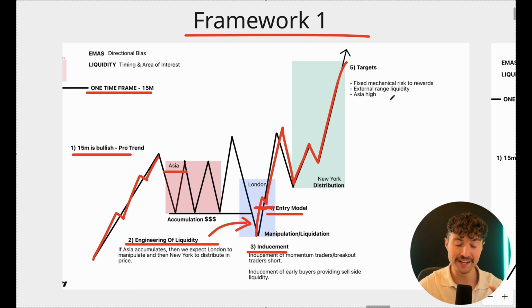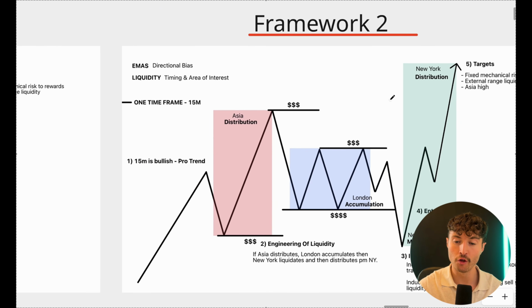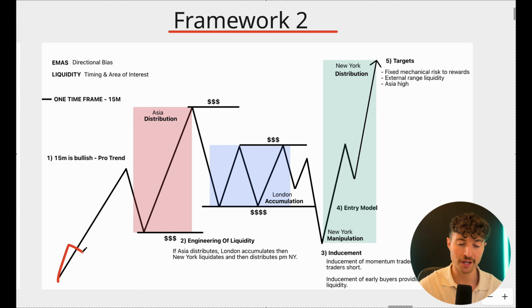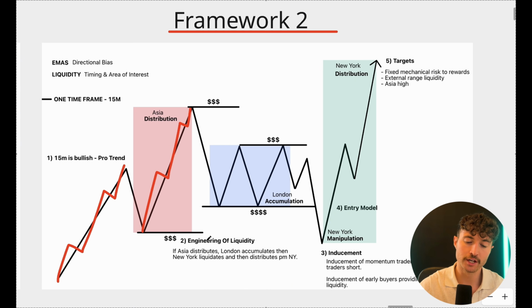So this is the base case, but I also have another framework. If we identify a pro-trending 15-minute time frame, and let's say that the Asia session distributes in price, then the expectation is that the engineering of liquidity will occur during the London kill zone, and therefore the inducement will take place during the pre-New York session.